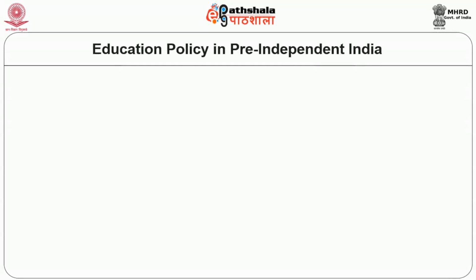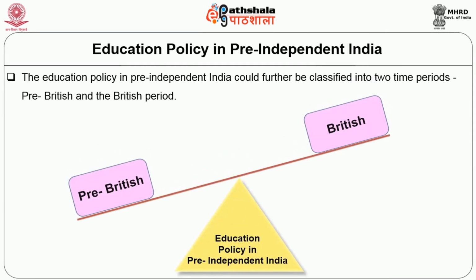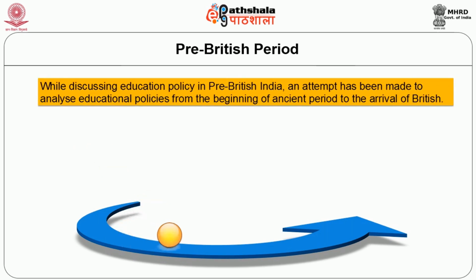Education policy in pre-independent India could further be classified into two time periods: pre-British and the British period. While discussing education policy in pre-British India, an attempt has been made to analyze educational policies from the beginning of the ancient period to the arrival of the British.